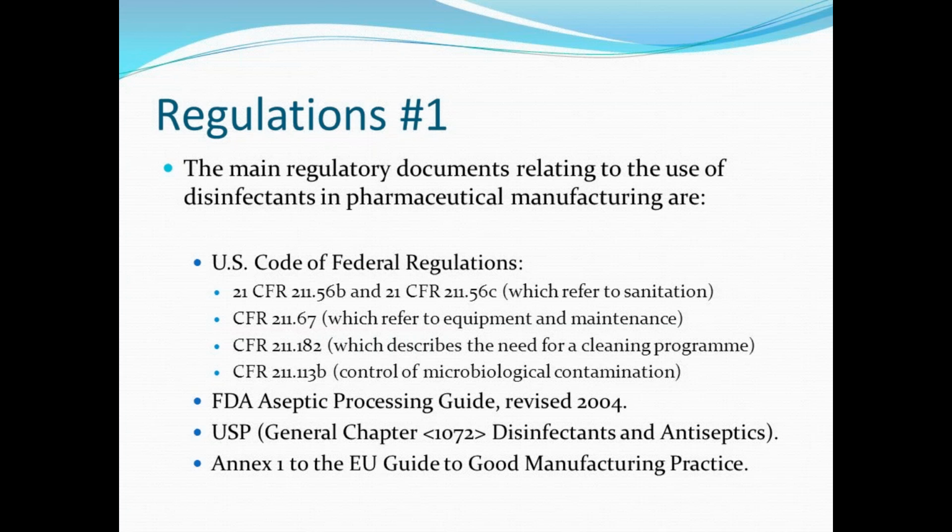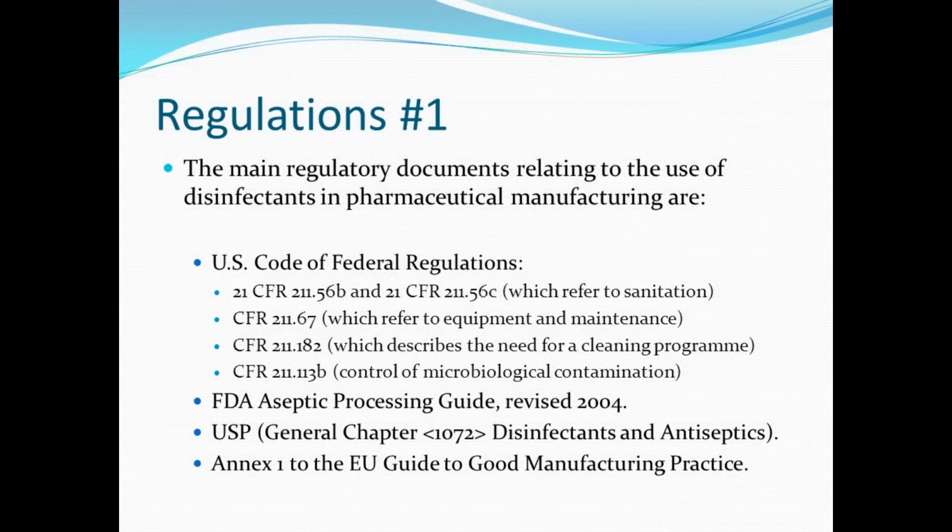And there are some parts that refer to, as they refer to it, sanitation, but we can read that as cleaning and disinfection. And that's CFR 21, Part 211, which refers to biologics.